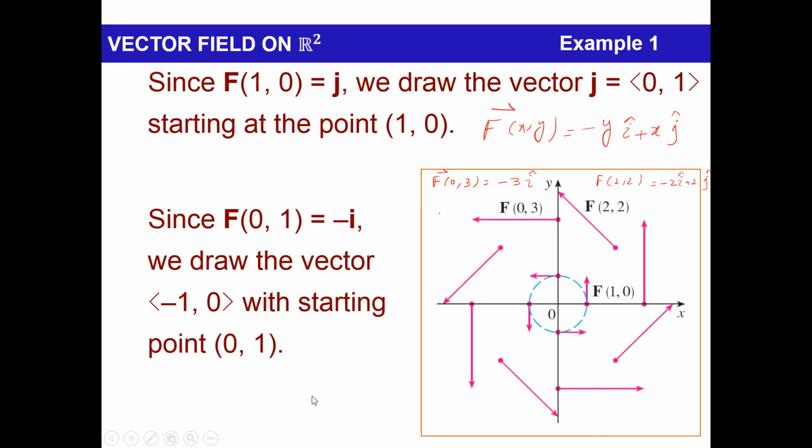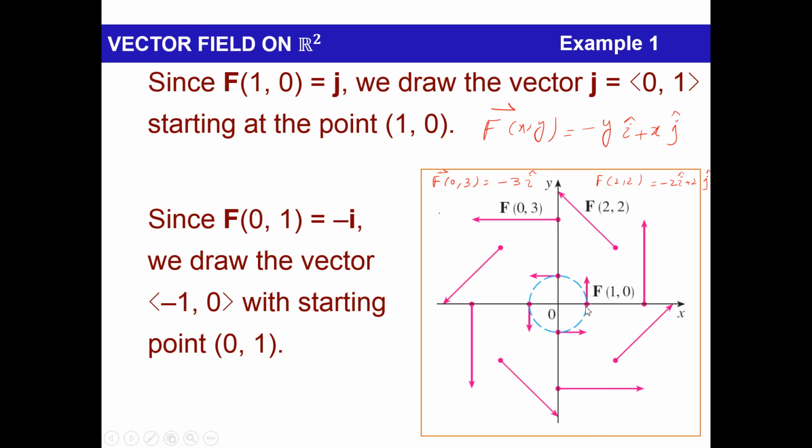Next target is to draw this vector. So we have to start from the point (1, 0), right? The point (1, 0) lies somewhere here, okay? Now how to draw this vector? Our starting point is (1, 0). We have to move 0 units in the direction of i, because i is not present in this representation.